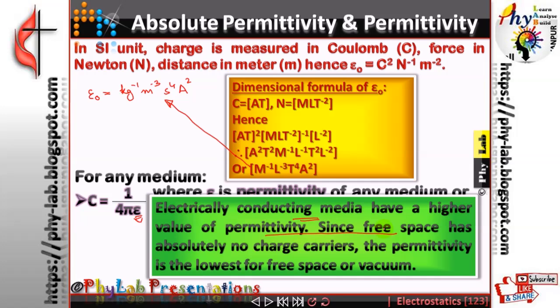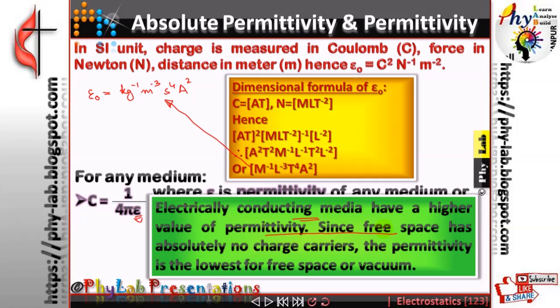Electrically conducting mediums such as conductors would have a higher value of permittivity, whereas an insulating medium would have a very low value of permittivity. If it is a perfect insulator, it will have a value of 0, and if it is a perfect conductor, it will have a permittivity of infinitely large value.